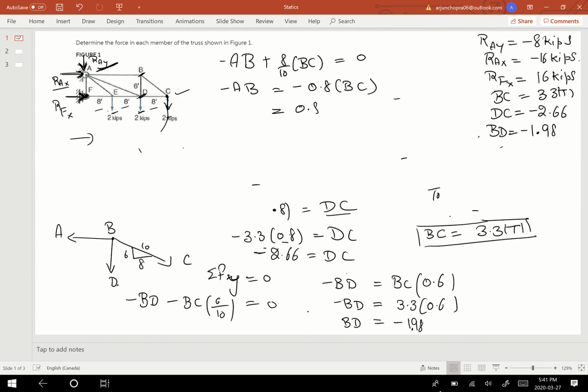BC is again 3.3, so the negatives cancel out. So AB comes out to be 3.3 times 0.8, which is 2.64. Again, this is a tensile force, so I'm going to keep it as positive. If it is positive, it is a tensile force.